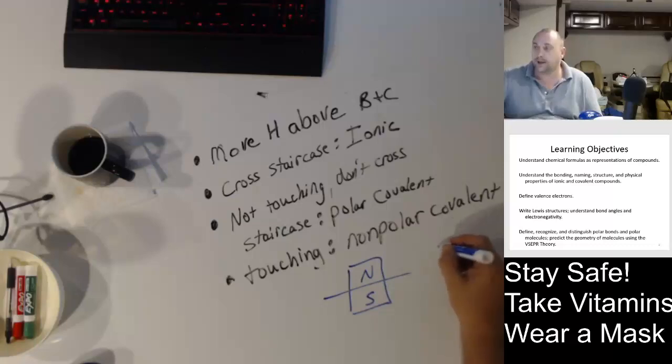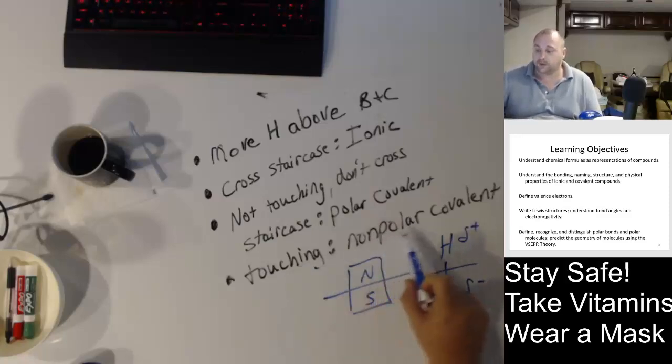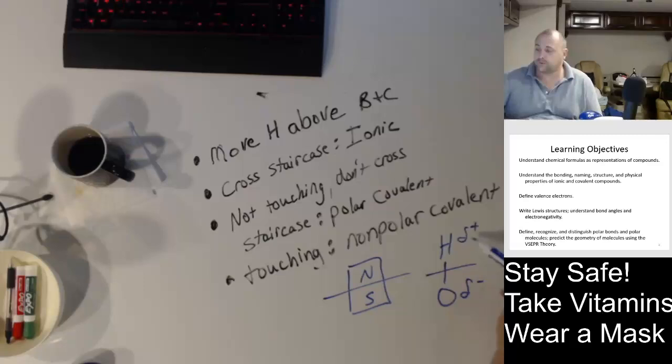So when I have something like a hydrogen-oxygen bond, the hydrogen is further away from fluorine. So we use this little symbol here, a partial negative and a partial positive. And we can draw a line to separate the positive from the negative sign. Now, when they are touching, it's nonpolar covalent. There are none of these charges. They're sharing perfectly equally.